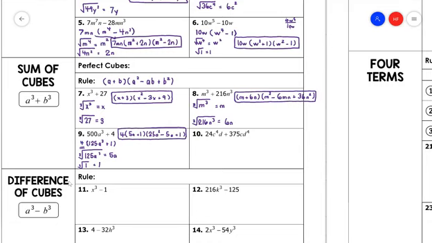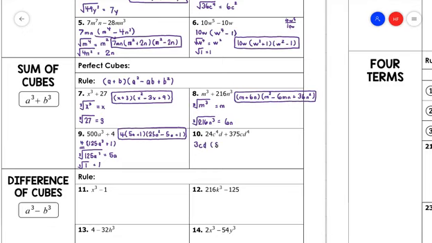And number 10, same deal. We need to take out a GCF if we can. Let's see, 375. So we'll divide both terms by 3, and then the smallest powers between them of the variables, so c and d.